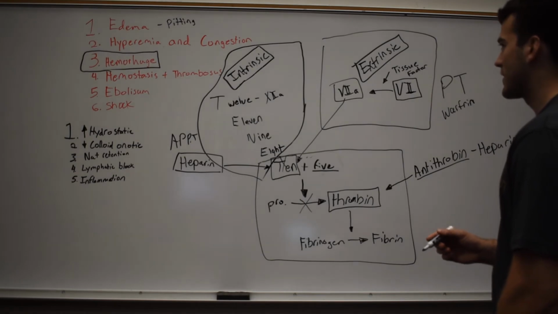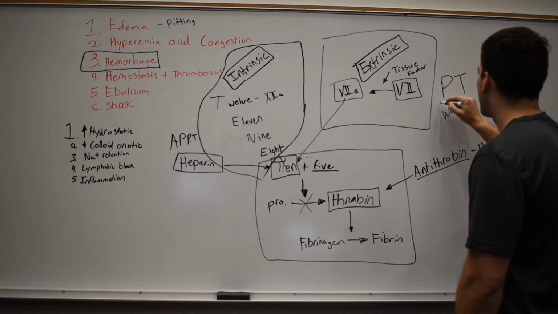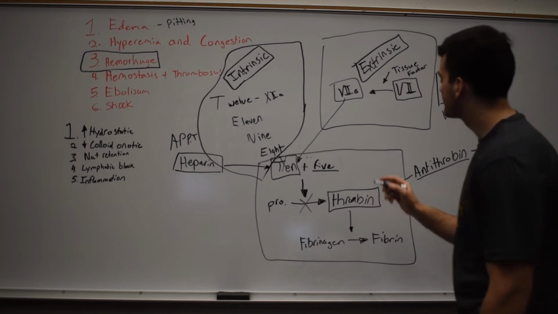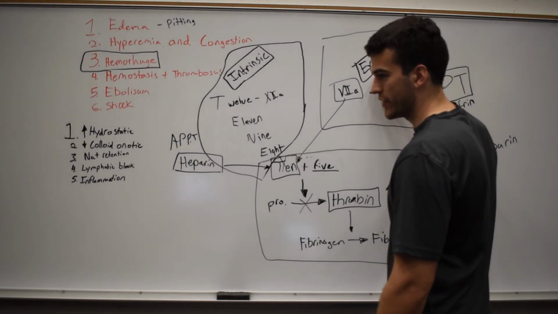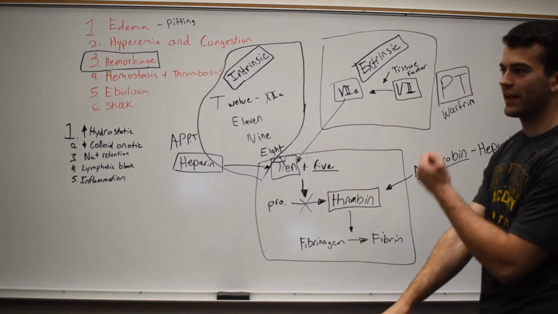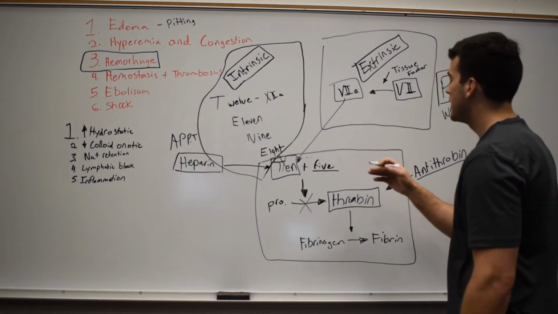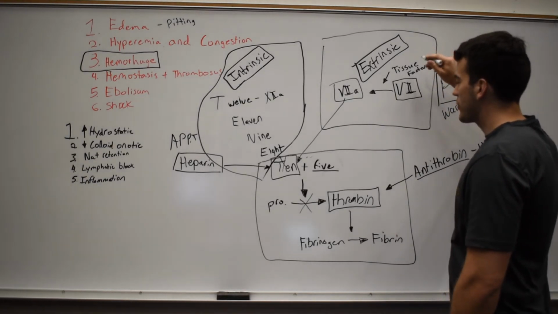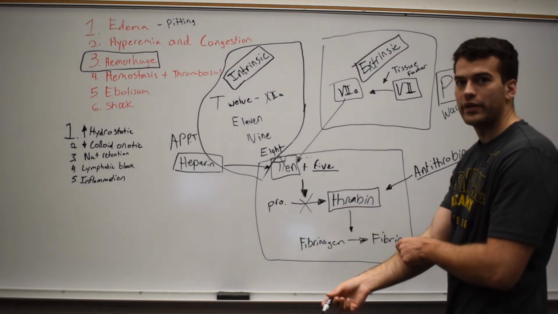Now we've got our extrinsic pathway. This is the basis for the prothrombin time test. So in this method, we've got an extrinsic insult. So this is like a tissue factor, or when, say, somebody stabs somebody or something like that, God forbid, I don't want that to happen, but say it did. The injury would cause a factor to be released from the tissues that are open in the cut.